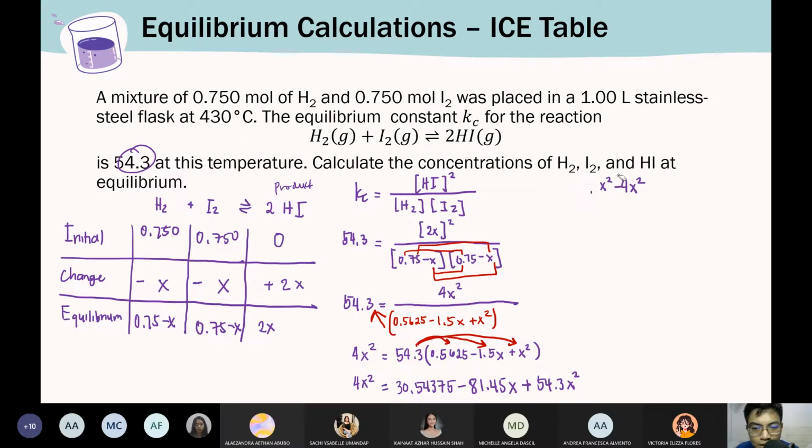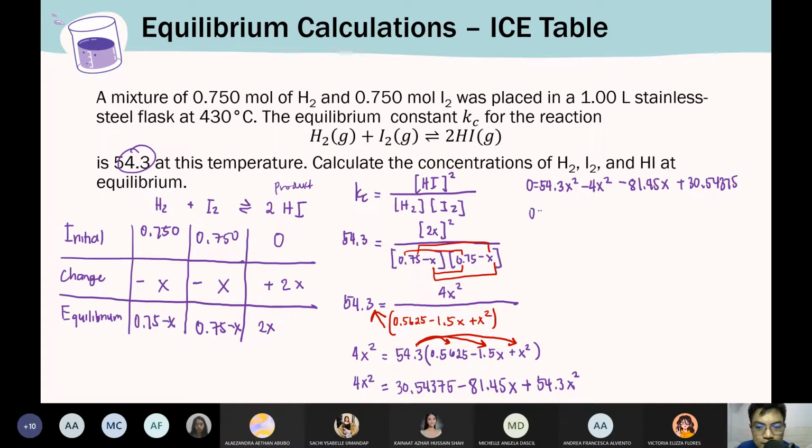Okay. And then, lakihan ko lang yung space dito. Okay, and then I will just copy everything. No? So, negative 81.45x. Okay, and then 54.3 minus 4.